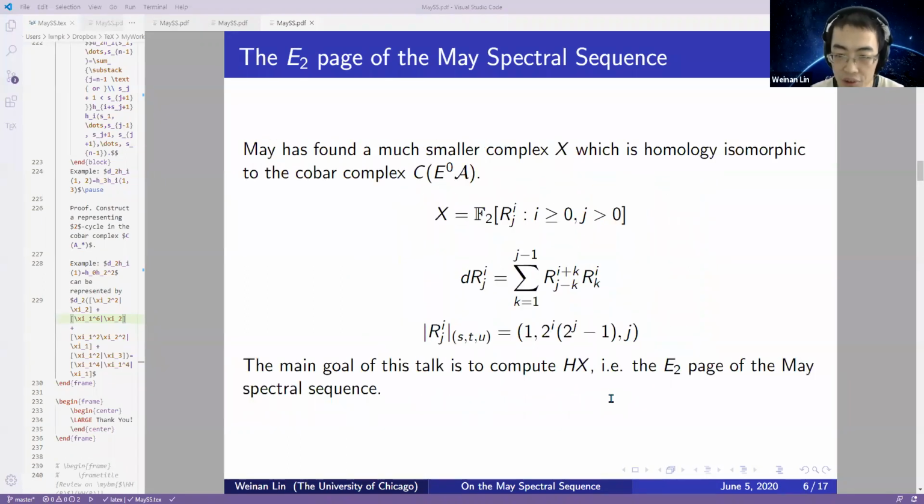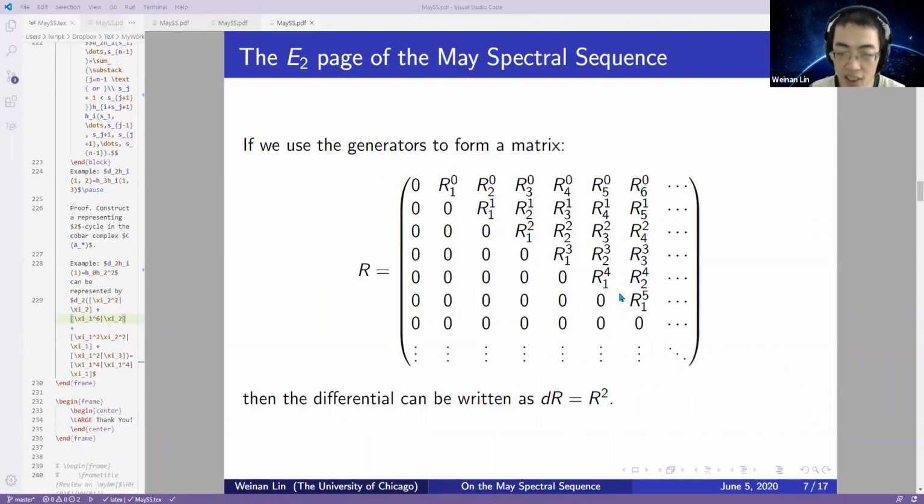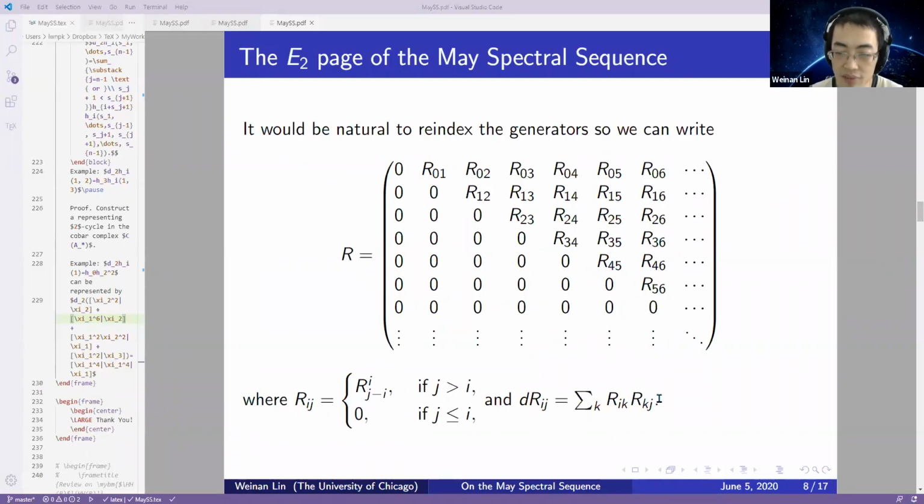If you compare to this, for this you might have to think for a second, but for that it's very easy. X is the polynomial algebra on the entries of a strictly upper triangular formal matrix, and the differential is given by dR equals R squared, and that's it.